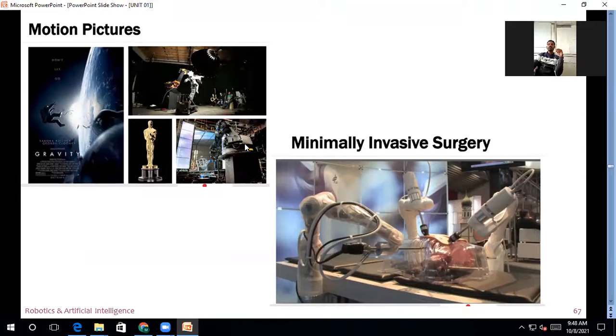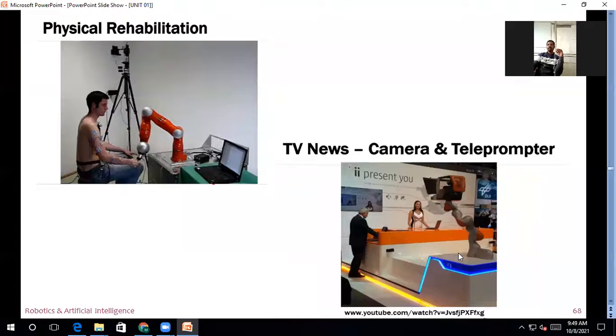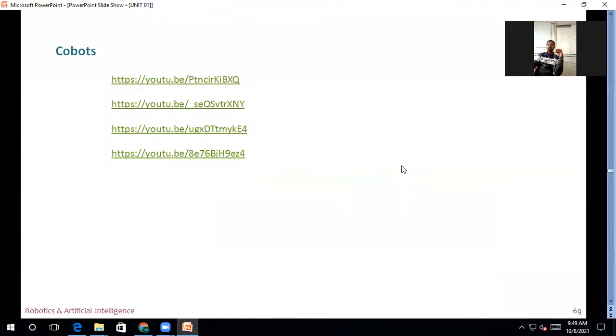Okay, there are different motion pictures, you might have seen these Hollywood pictures, like in surgery purpose. You can see here the robots are doing surgery too. Next physical rehabilitation, TV news. Okay, in TV news also you can use it to hold the camera and teleprompter. Okay, to hold the camera at the best position you can use the robots.